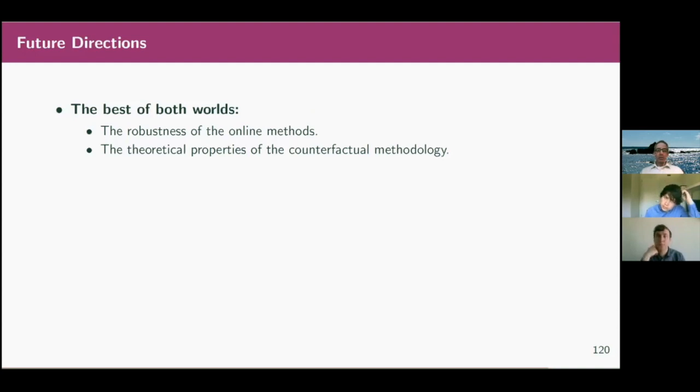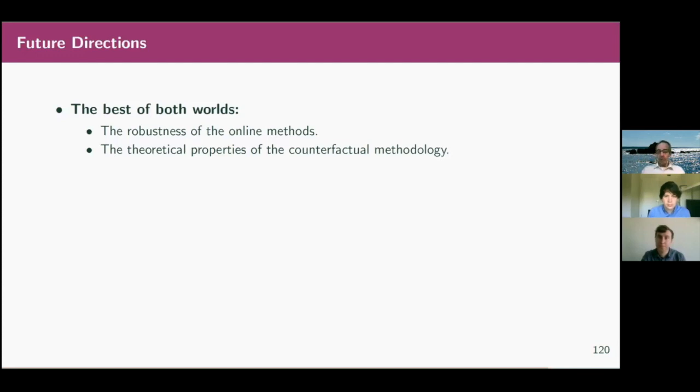So future directions, as you saw in the brief summaries that both Rolf and Harrie gave a couple of minutes ago on online versus counterfactual, there seems to be a big dichotomy, a big trade-off, and that actually stimulates a lot of research and a lot of challenging questions on how we could actually get the best of both worlds, the empirical advantages plus the theoretical guarantees.